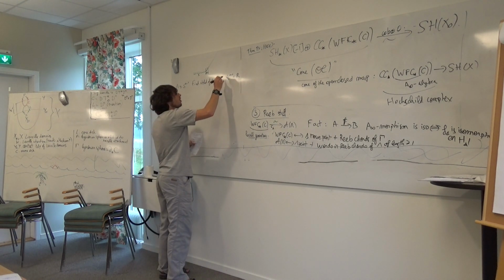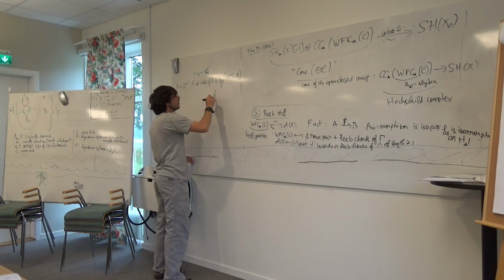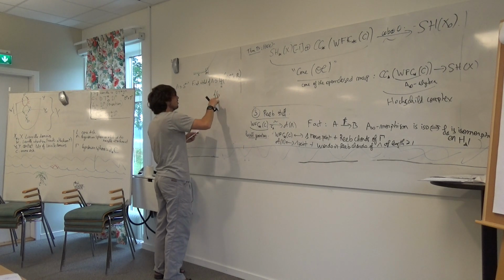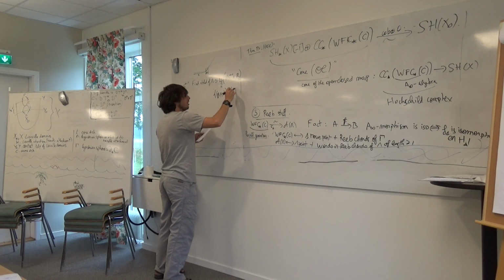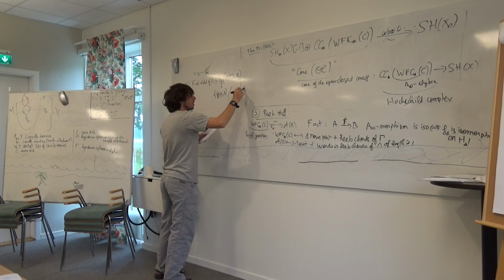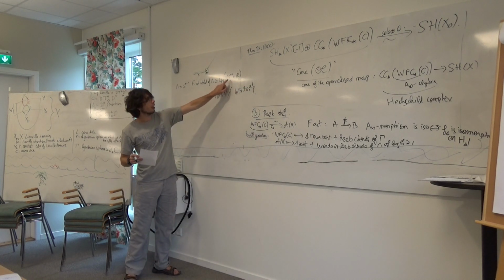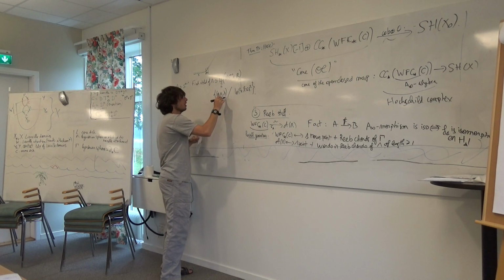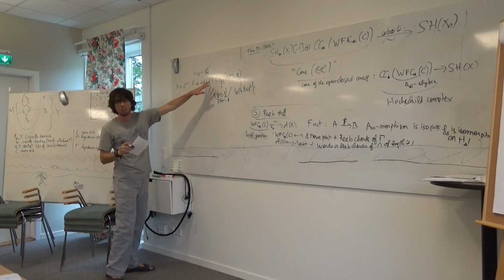And maybe I write a d epsilon to show that it's a small neighborhood. This will be the set of (q, p, lambda) such that p squared plus lambda squared is smaller than epsilon squared. So I have q and p, which are in T star S^{n-1}, and this is part of R. So this is a neighborhood of lambda.